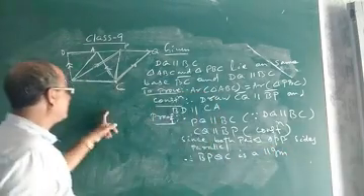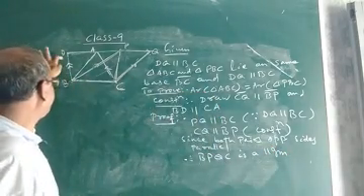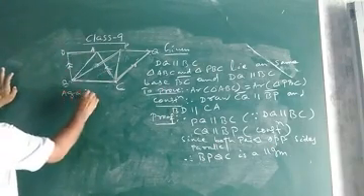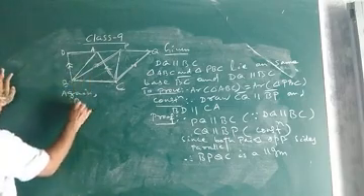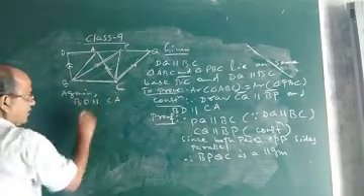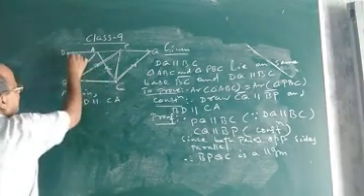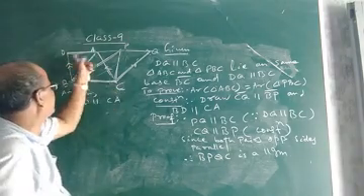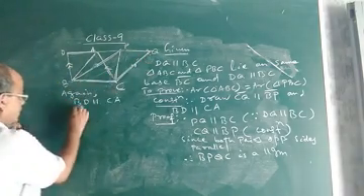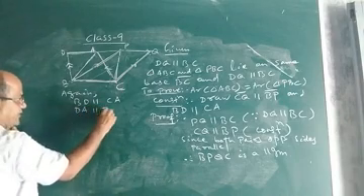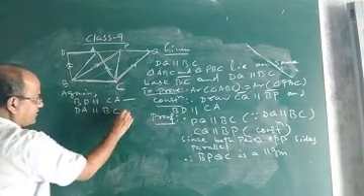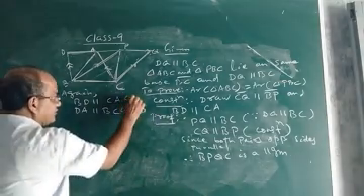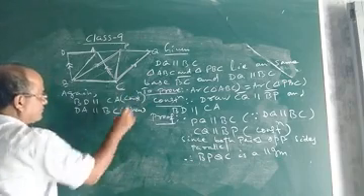Okay. Now let us come to the next point. Again BD is parallel to CA by construction. And what about DA and BC? DA will also be parallel to BC because DQ is parallel to BC. This is given and that is our construction.